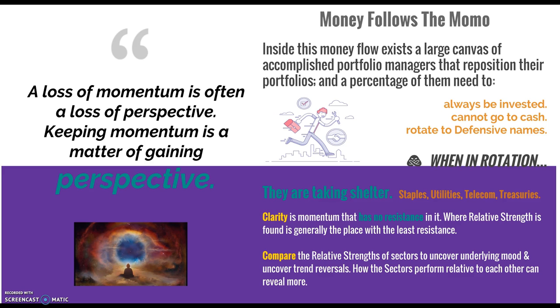Right, John? Isn't that a very important thing to understand? Absolutely. So keeping an understanding of the relationship between where the money's going, between momentum when things are good, okay, and there's a lot of things you can look at. When the small caps are outperforming the large caps, that's typically good. When discretionary is outperforming staples, that's typically good. When NASDAQ is outperforming the New York Stock Exchange, that's typically good.